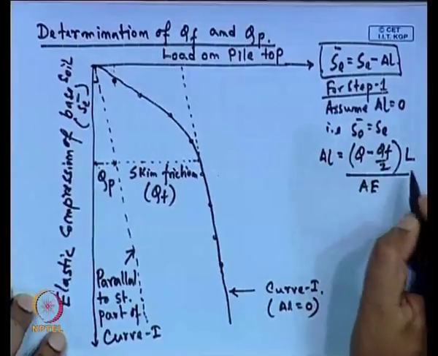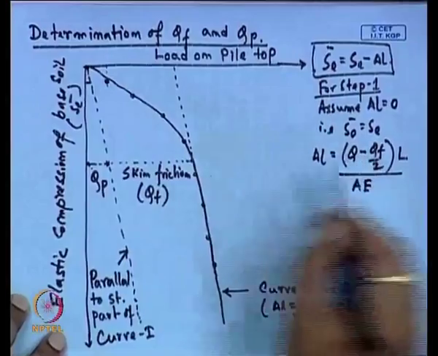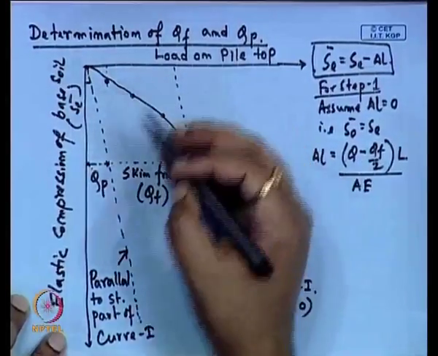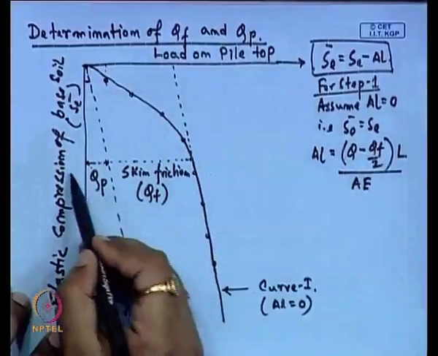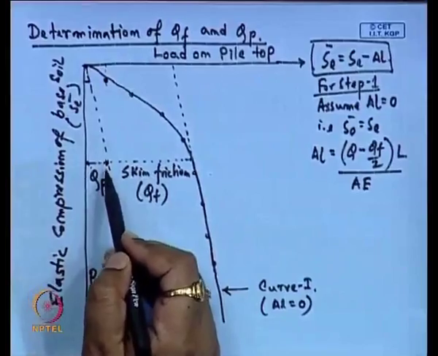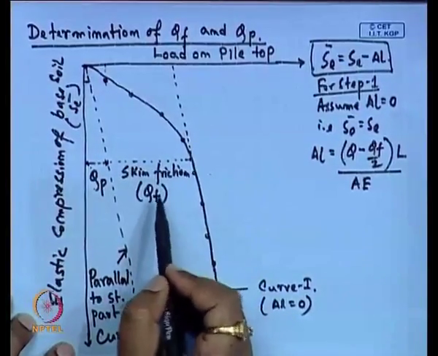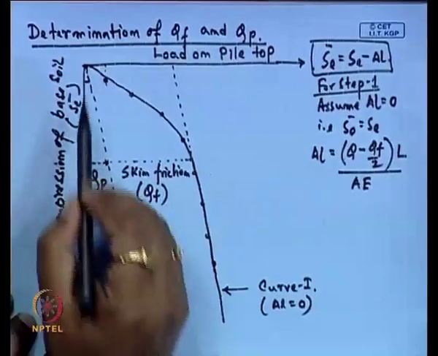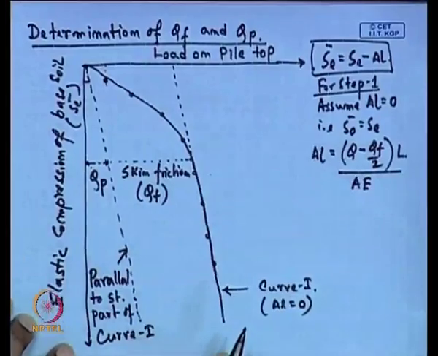A is the material property, L is the length of the pile, and Q is the total load or the load increment at any point. This straight portion's left hand side will give you the QP, and the right hand side will give us the QF. So, once we get the QF at any loading increment from this graph, we will get the del L.